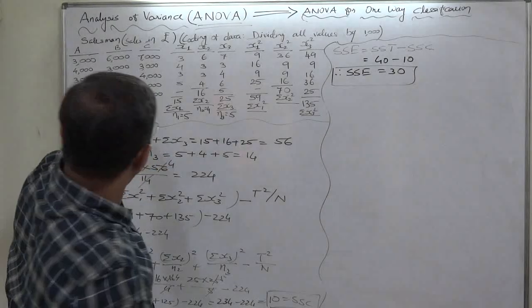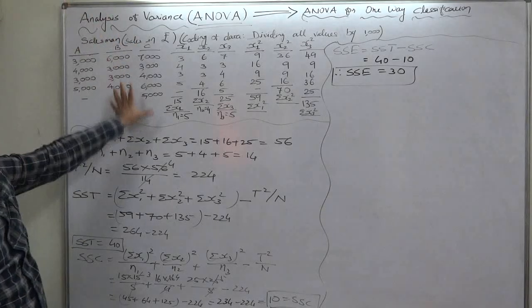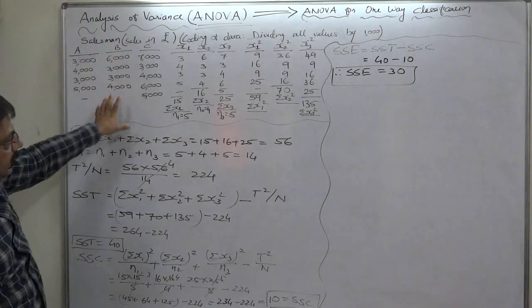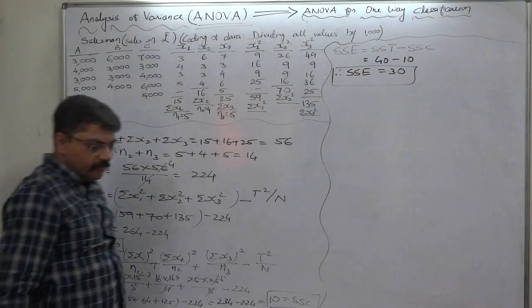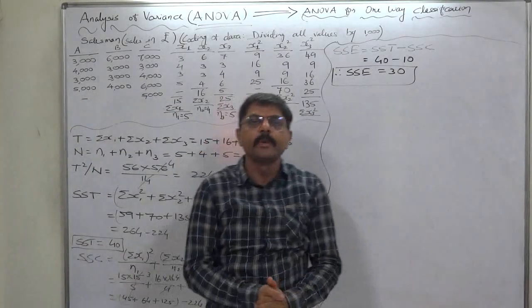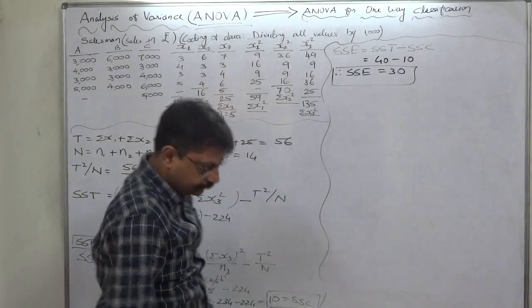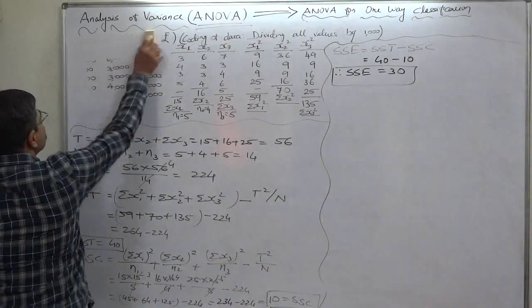We have the number of levels of the independent variable, that is the number of columns. We have the total number of units, everything we have, so we can prepare the ANOVA table. Let's prepare.